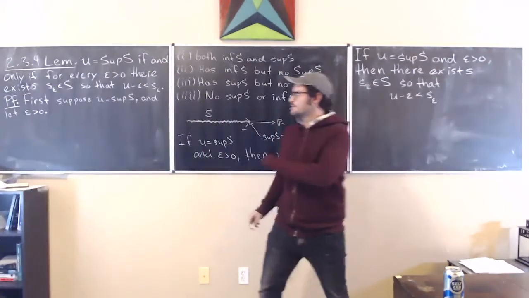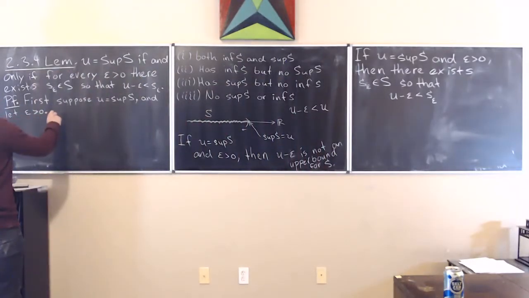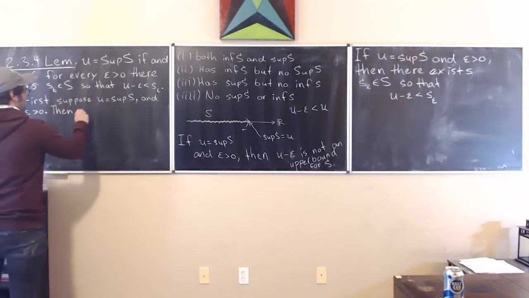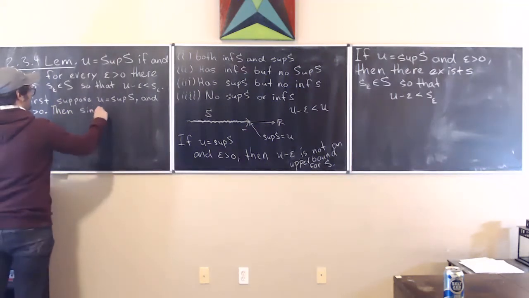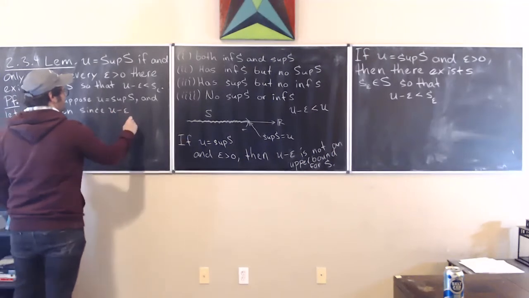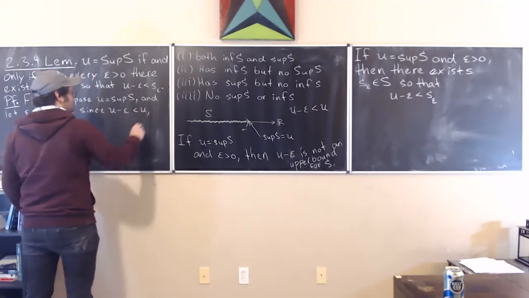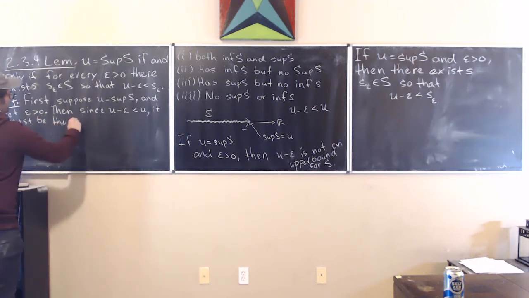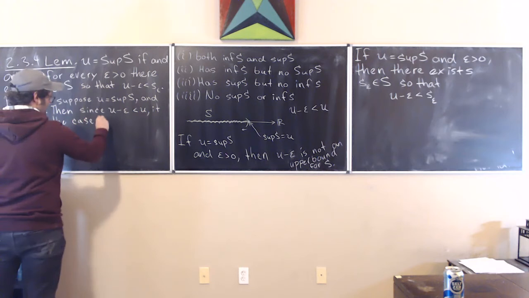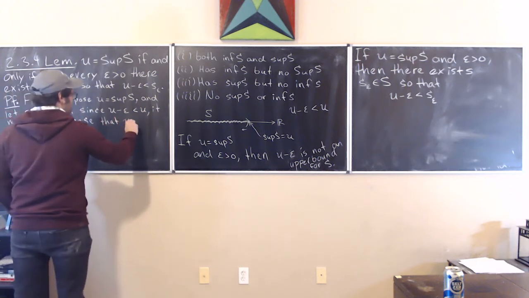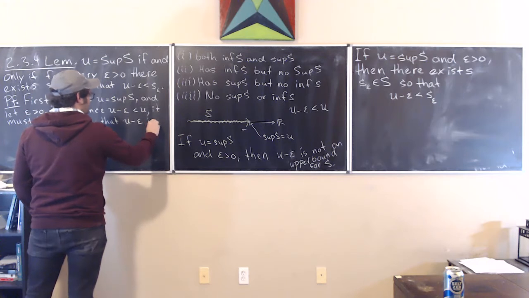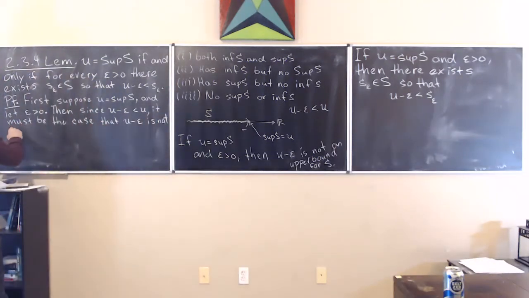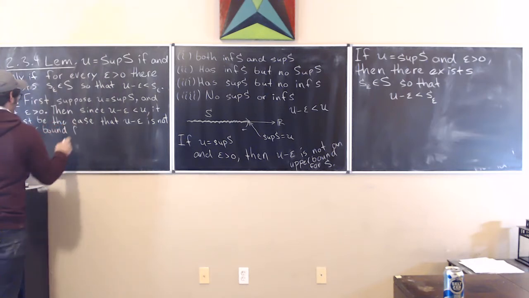Then, since U minus epsilon is less than U, it must be the case that U minus epsilon is not a lower bound for S. Oh no, not lower bound, upper bound.